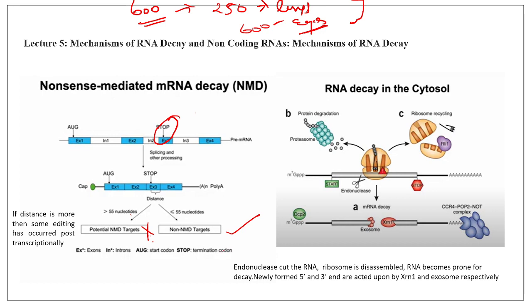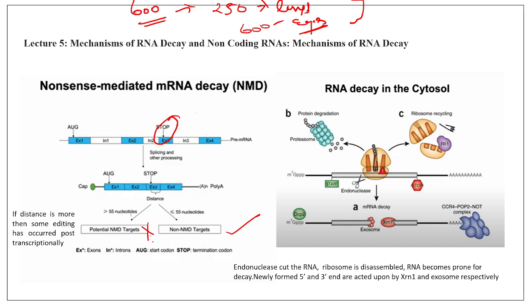Okay, is it clear? What I'm trying to tell is that stop codons can be incorporated during transcription so that the same mRNA can code for different proteins. We have studied about differential expression of genes. But to differentiate such stop codons from the malfunctioning stop codons, the distance has to be considered.